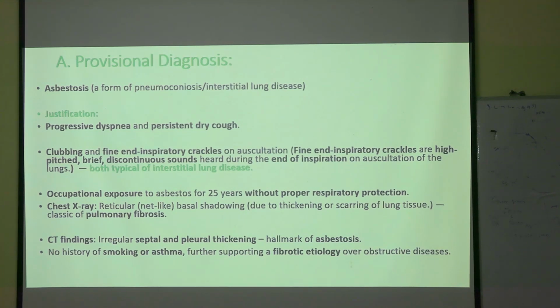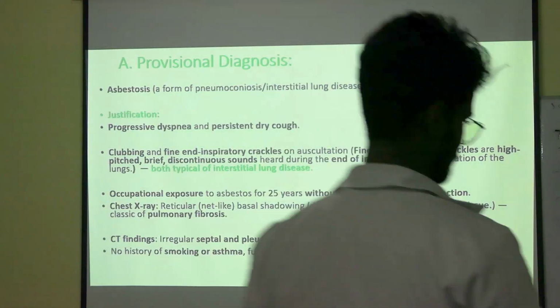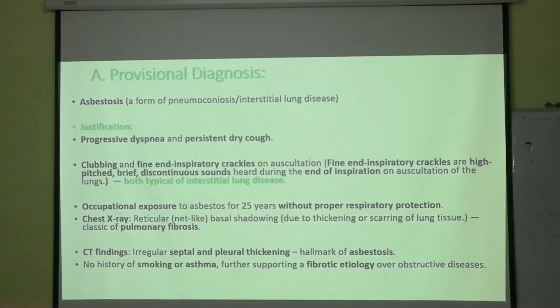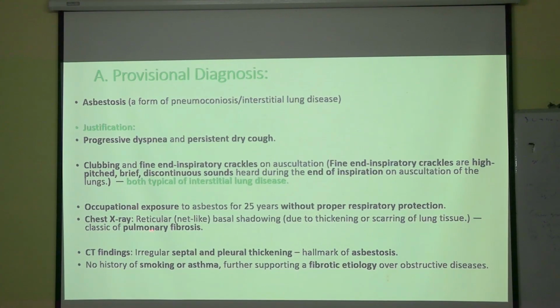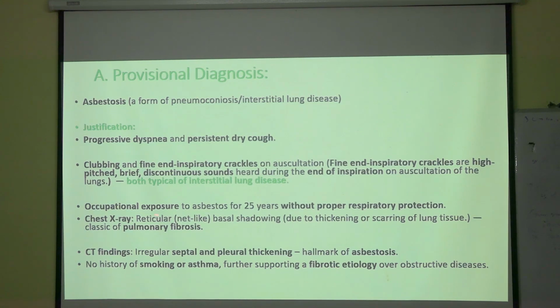This is called scarring of the lung tissue, right? In this particular case, there is a high chance of scarring of lung tissue, which involves the formation of reticular or basal shadowing.